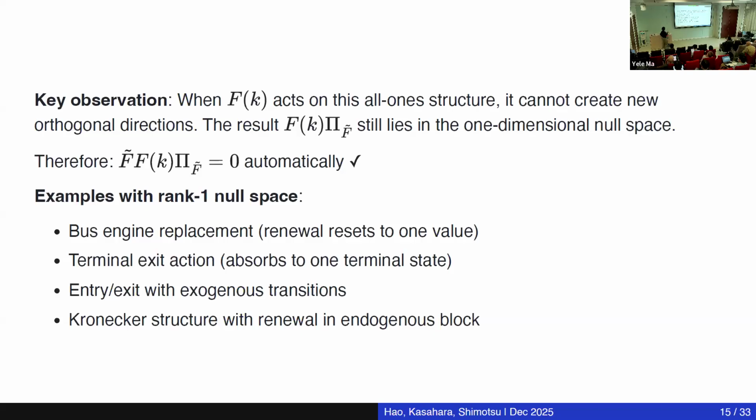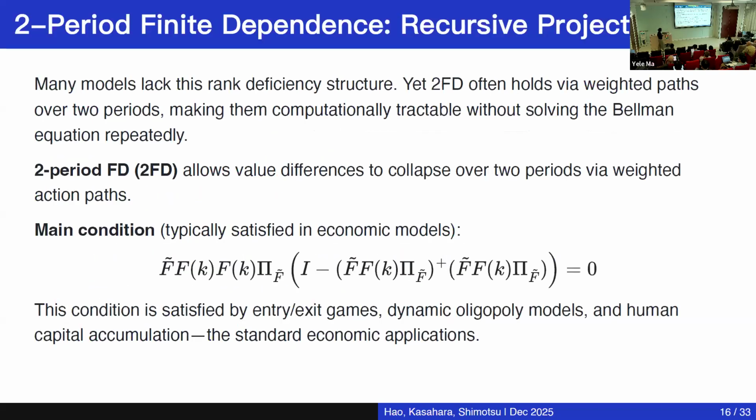Okay, so for two-period finite dependence, the main condition looks a little more complicated, but it's the projection onto the null space of this F tilde, Fk pi F tilde of this matrix. If you look at that, let's take this as one matrix and this as the second.